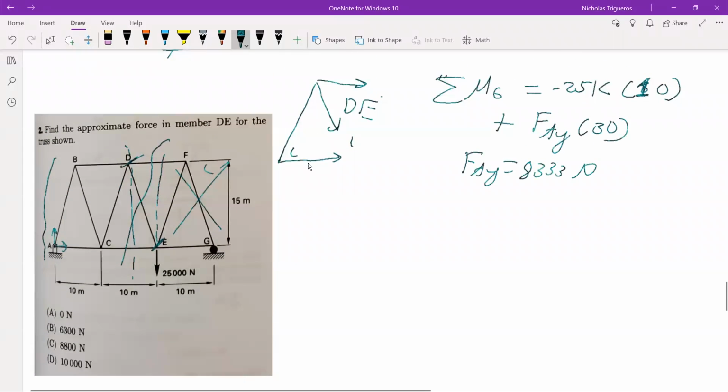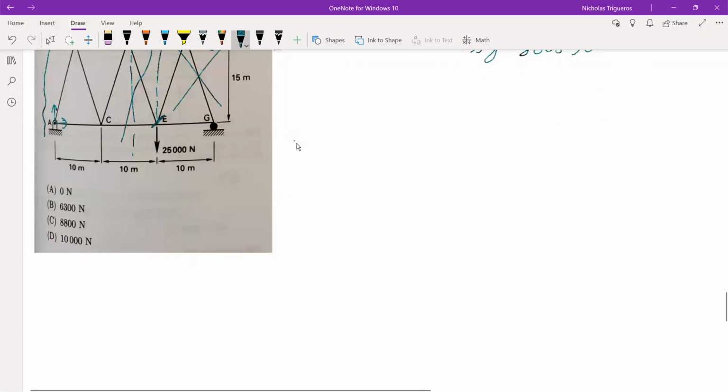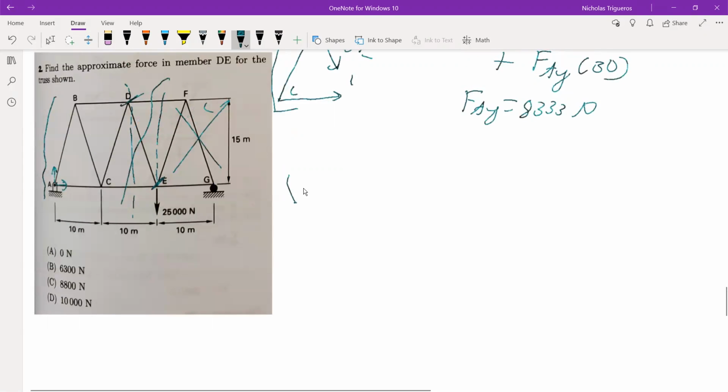So if we take this thing right here, let me just draw the left half of this thing.